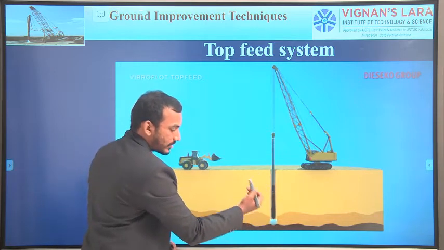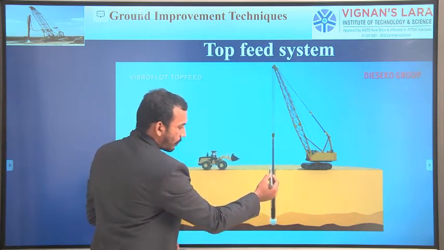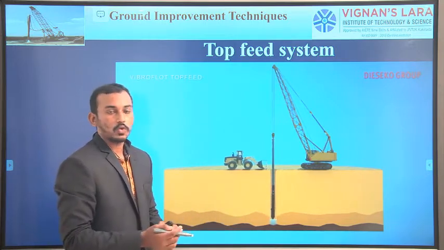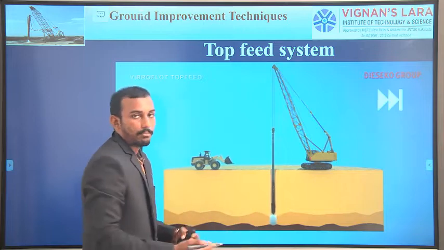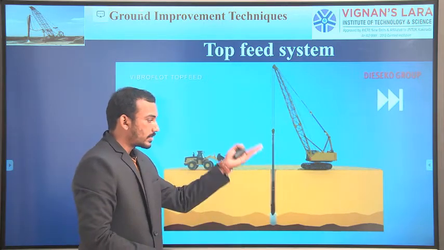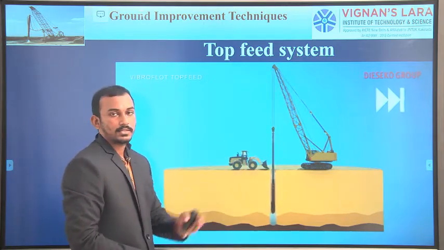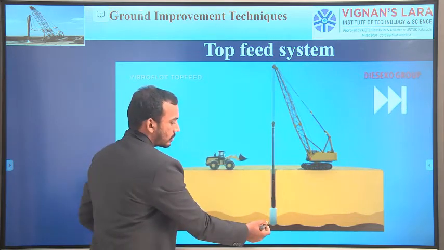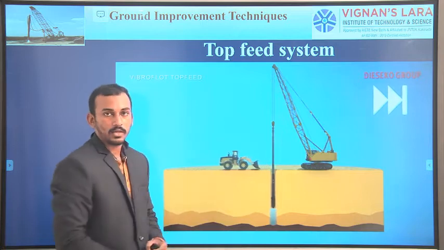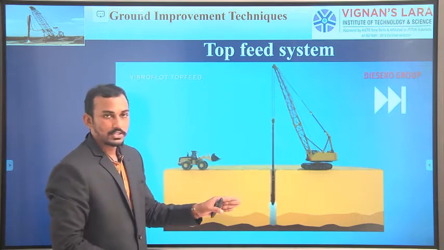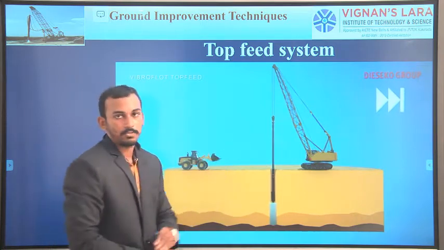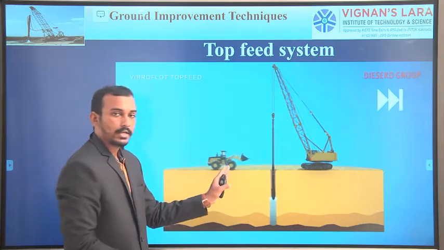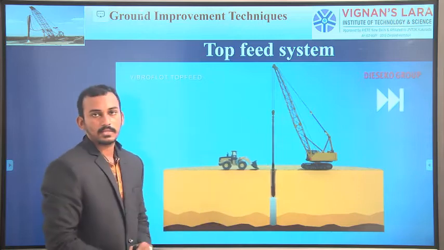Once the stones reach the bottom, the probe again penetrates into the stones and creates vibrations, so that the stones get compacted. Again it is lifted for a certain distance, and again we lay the stones. Likewise we complete the stone column. This is the top feed system, where we lay the stones from the top. Then we move to the second position and do the same exercise.